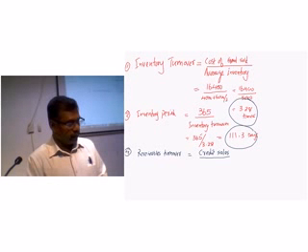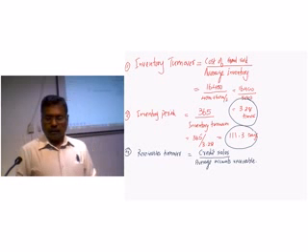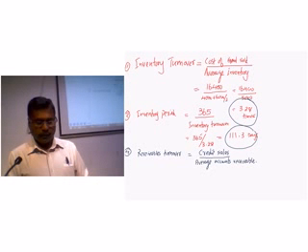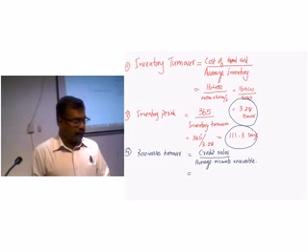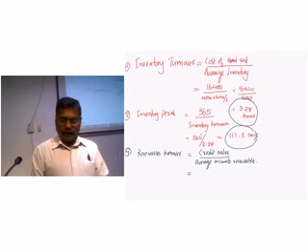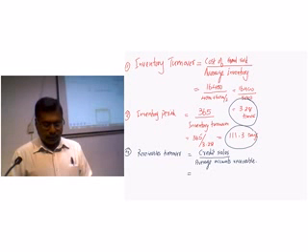Receivables turnover is equal to, we know that, credit sales divided by average accounts receivable. Therefore, we need to obtain credit sales and average accounts receivable.